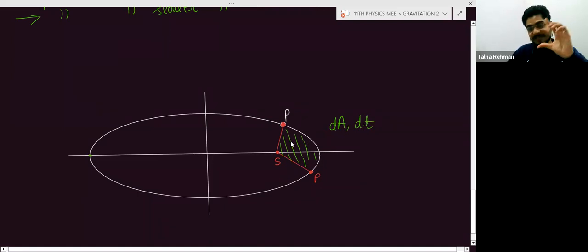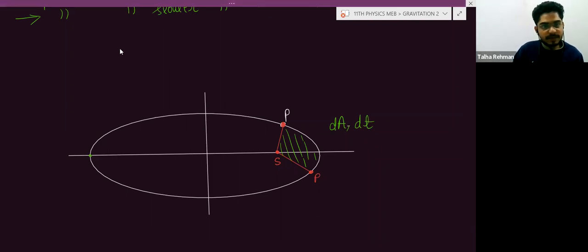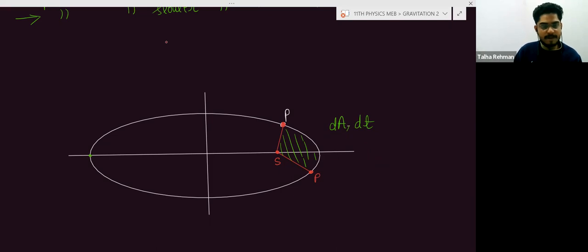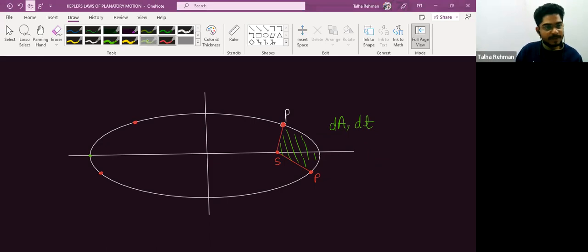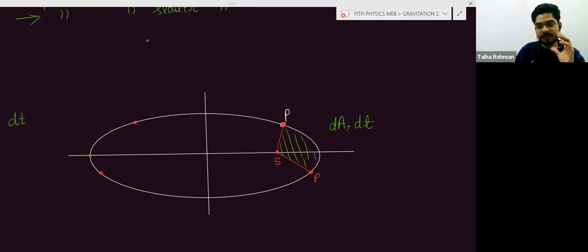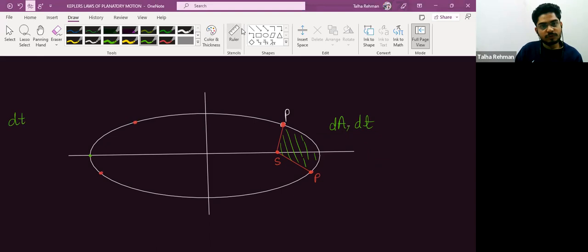I am showing this as large, but this area is very small because it is covered in a small interval of time dt.